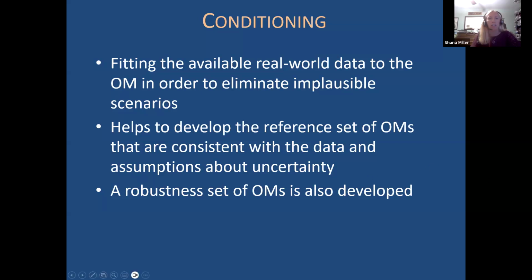That could be possible, but less likely. And that would be a robustness test that we would look to see the performance, but we wouldn't consider it as carefully and as seriously as we would consider our reference set. And that is developed through conditioning.